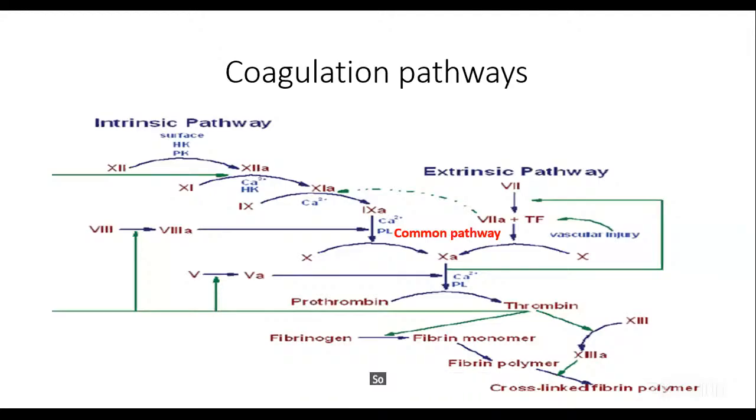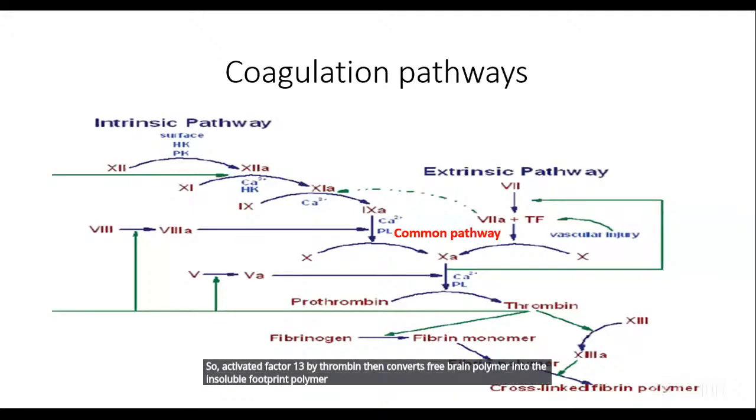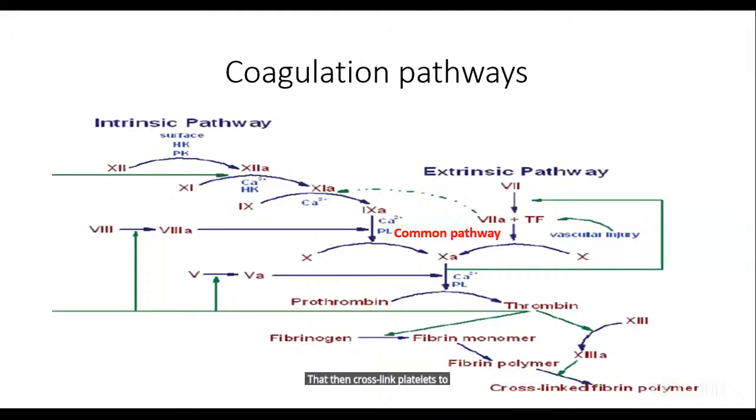So activated factor 13, activated by thrombin, then converts the soluble fibrin polymer into insoluble fibrin polymer that then cross-links platelets to form the firm platelet plug that then seals the site of vascular injury.